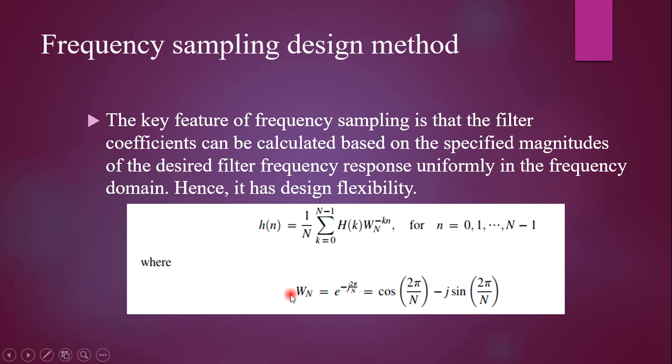Then we discussed a method called the radix-2 method, FFT, fast Fourier transform. Then we discussed this W, and I gave you the idea that this exponential can be written in the form of sine and cos by using Euler identities.